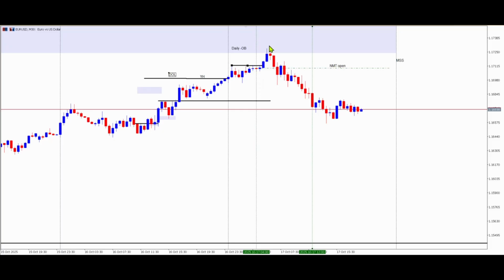When this broke aggressively above Asian high, uninformed traders actually thought that it's still continuing going up during the London session.